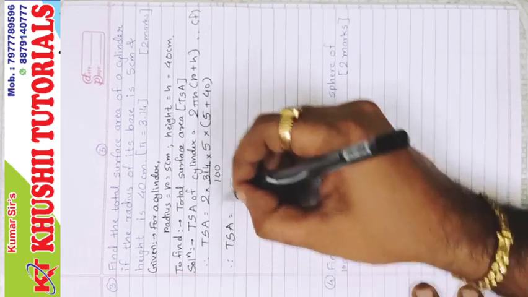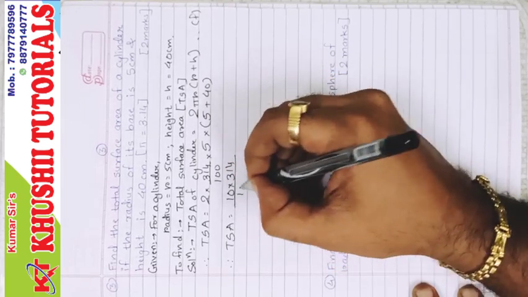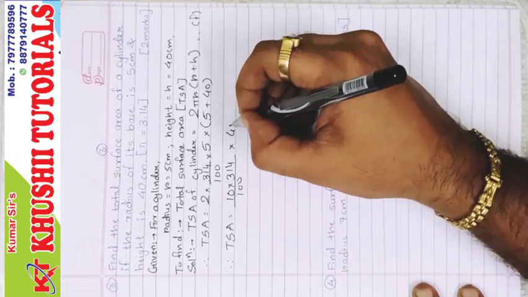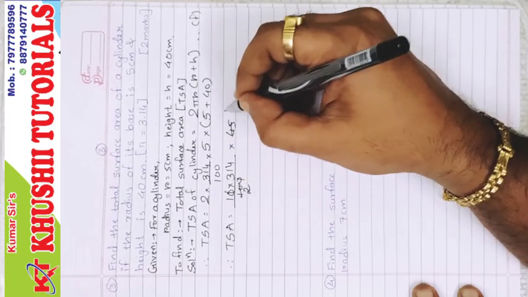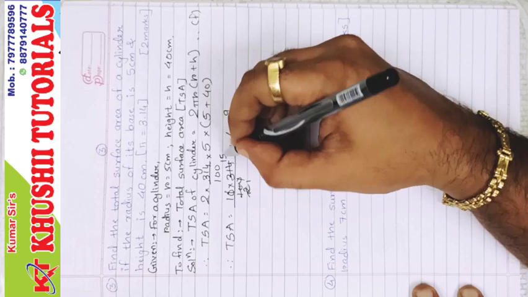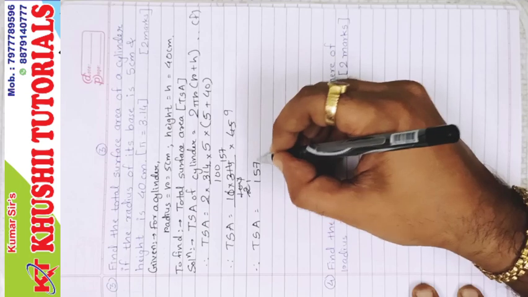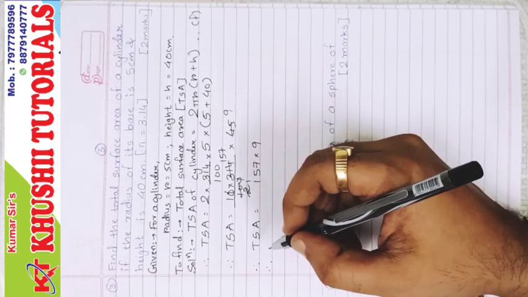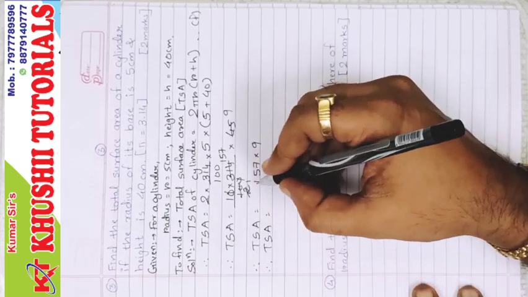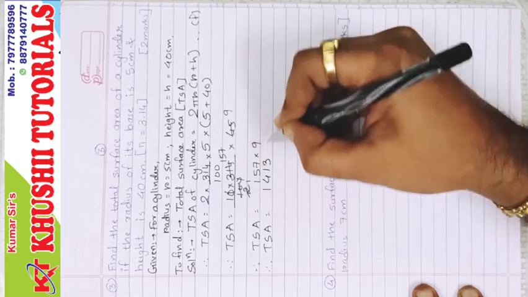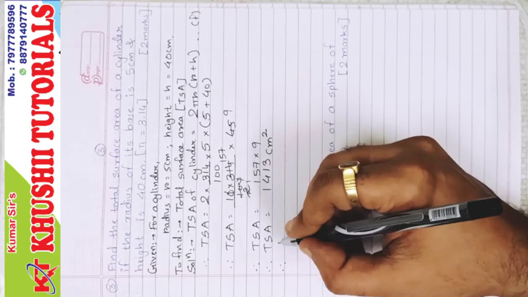Now 5 2s are 10 into 314 upon 100 into 45. Now the two zeros will get cancelled. 5 2s are 10, 5 9s are 45... so TSA equal to 157 into 9. So TSA equal to 1413 centimeter square.